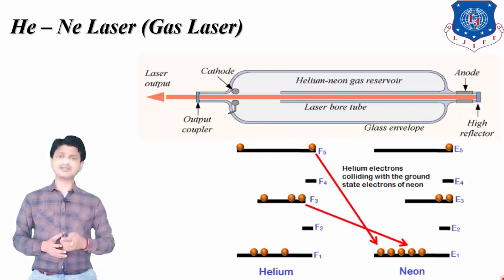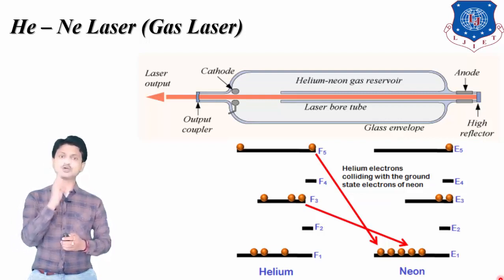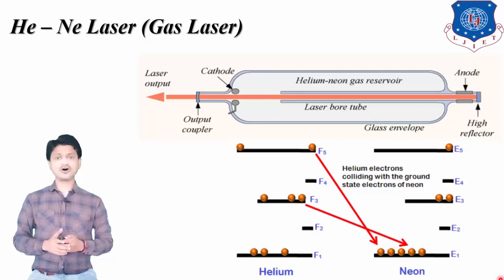These metastable state electrons of the helium atoms cannot return to the ground state by spontaneous emission. However, they can return to the ground state by transferring their energy to the lower energy state electrons of the neon atoms.